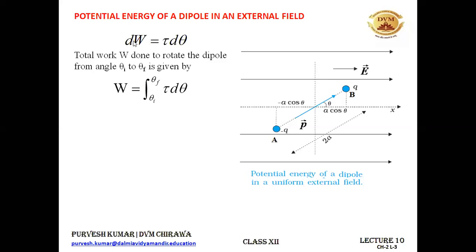And in place of this dW, I can write tau d theta. In place of tau, you can write PE, since the torque acting on an electric dipole is P cross E. So you can write it like this: PE sine theta d theta.